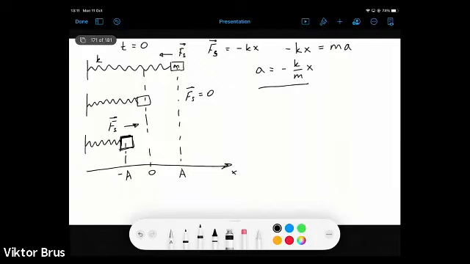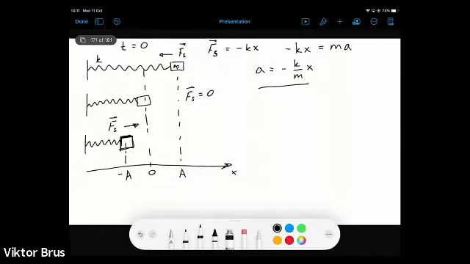What this equation tells us is that acceleration is proportional to displacement, and it is pointed in the opposite direction as the displacement, because we have this minus sign here. So this is the mandatory condition for the realization of simple harmonic motion.